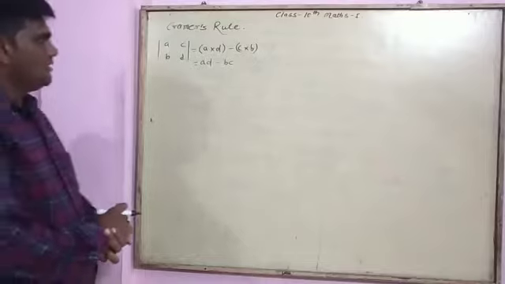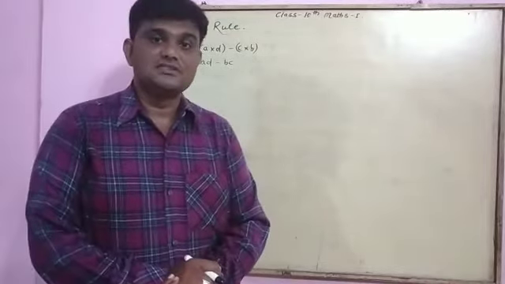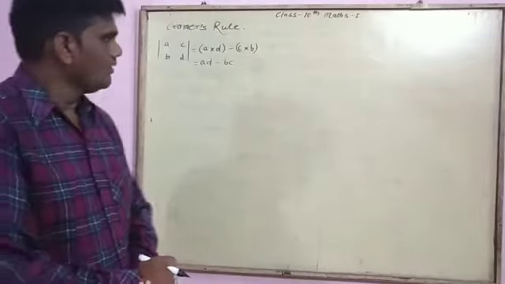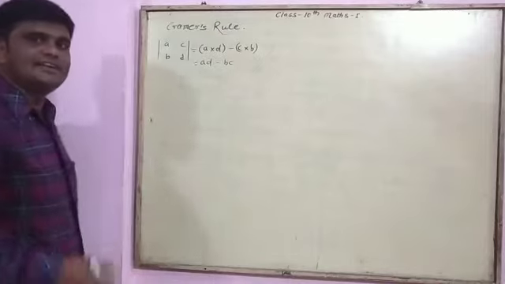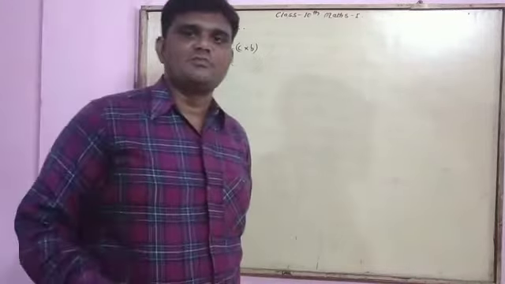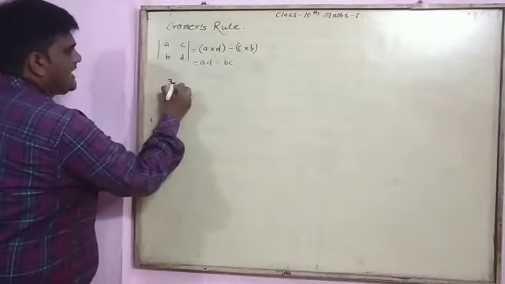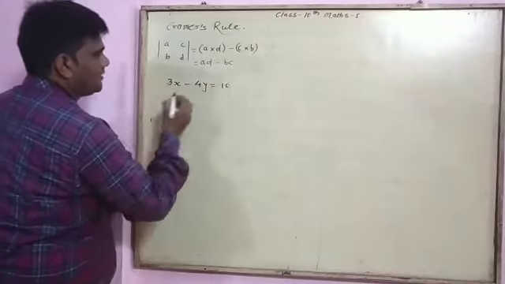Now, in such a way, we have to solve simultaneous equations by Cramer's rule. Now see here, there are two linear equations from exercise 1.3, that is 3x minus 4y equal to 10.